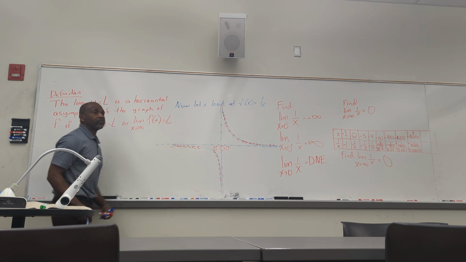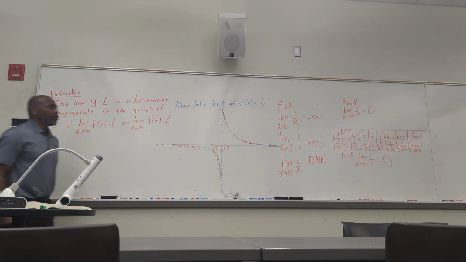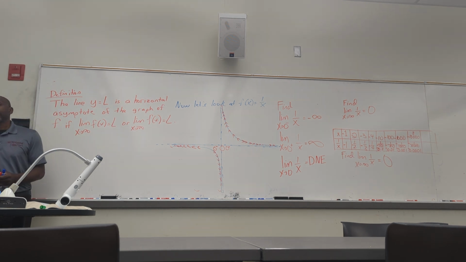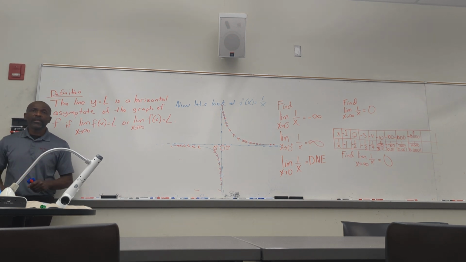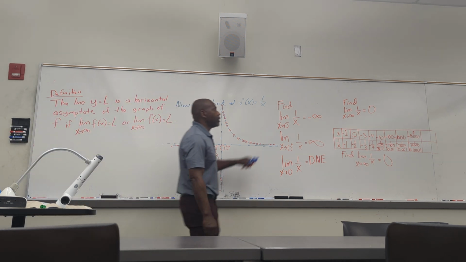For the vertical asymptote, in the test we had last time, we showed you to find the vertical asymptote, you set the denominator equal to 0. If you want to find the horizontal asymptote, you take the limit as x goes to infinity. Does my class understand this by simply looking at the graph?